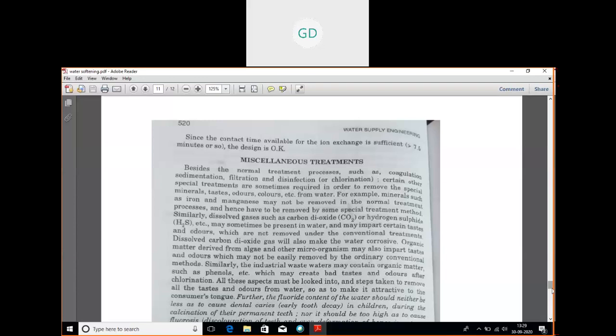Those are present in the water also. Some dissolved gases, like hydrogen sulfide gas and carbon dioxide gas, may still be present in the water.